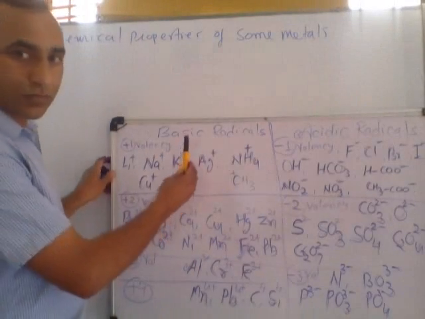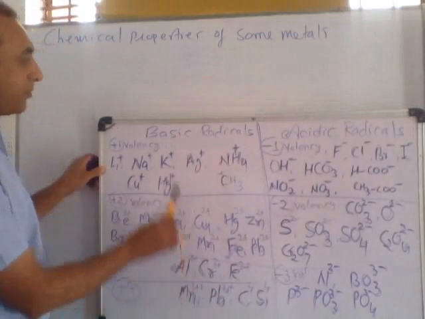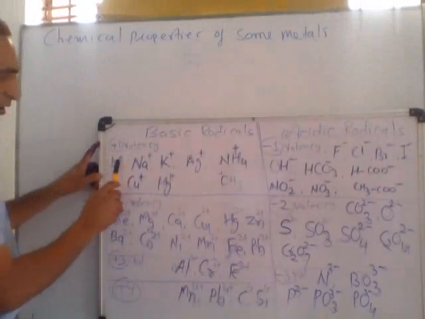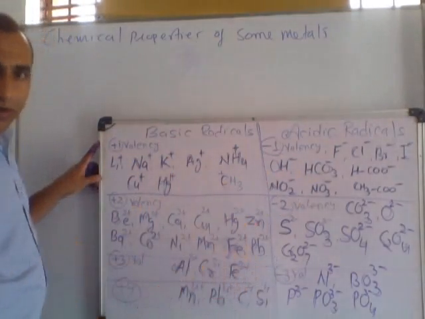These are some basic radicals and acidic radicals. Basic radicals have a plus charge, acidic radicals have a minus charge. The plus 1 valency, these are minus 1 valency, plus 2, minus 2, plus 3, minus 3.